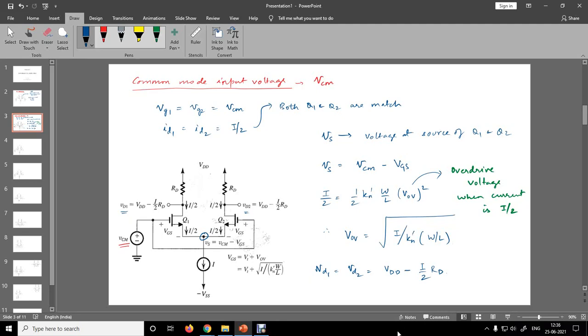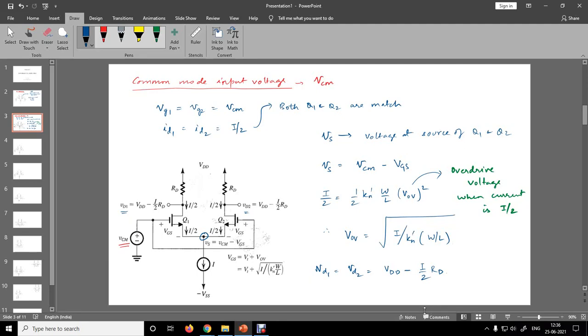If you give a common voltage VCM to both the gates of Q1 and Q2, here we should also look at what ranges of VCM I should give. It's not like I can give a bigger value and expect this configuration to work.